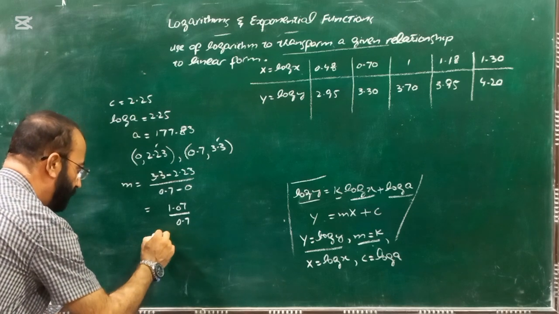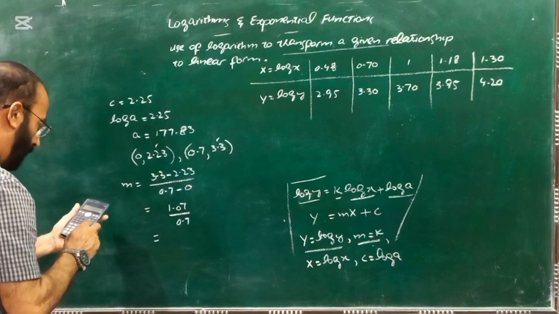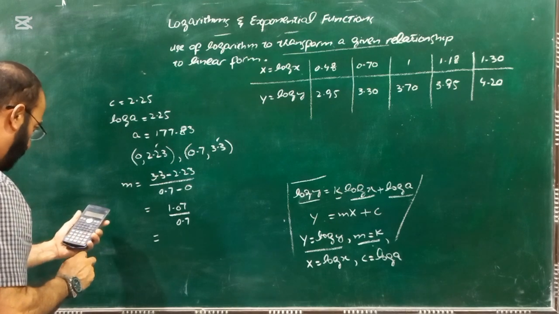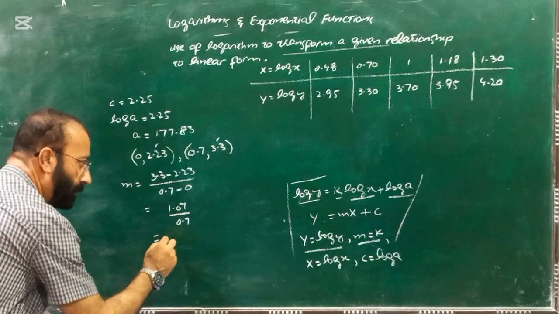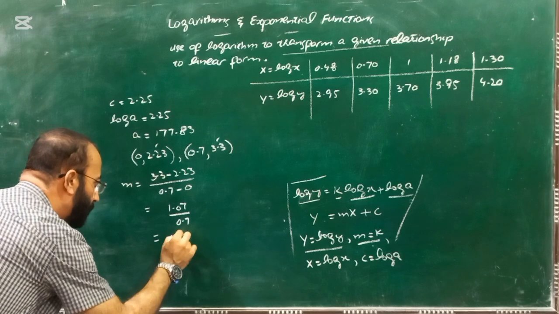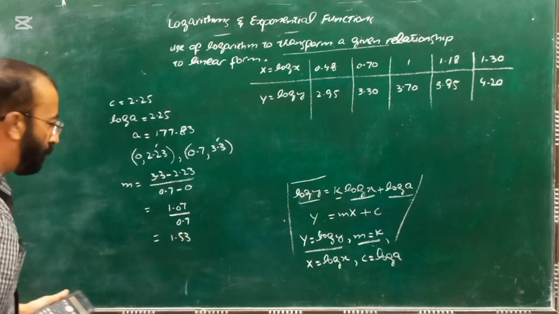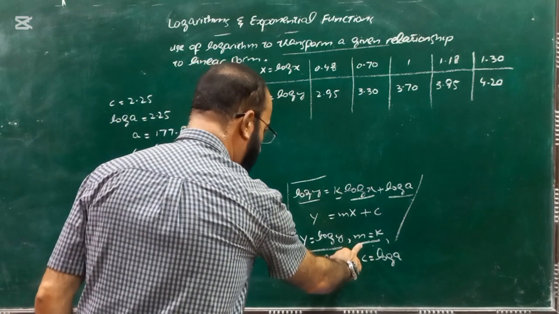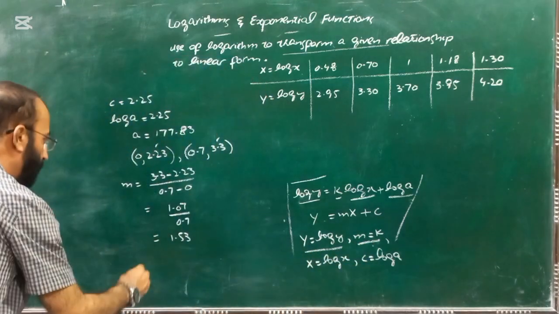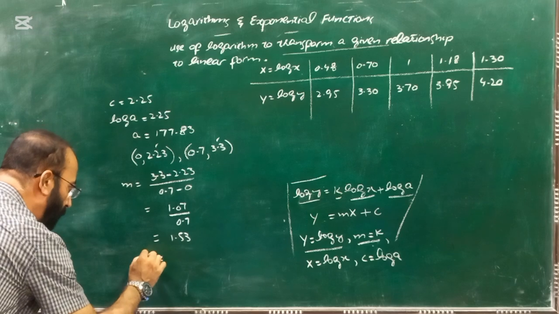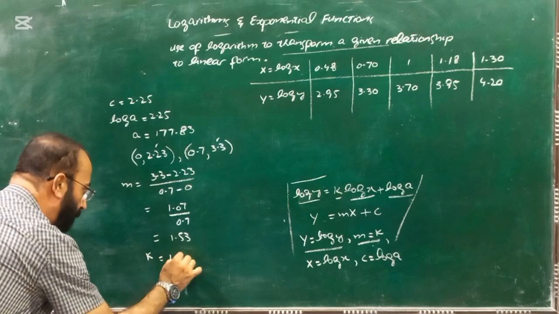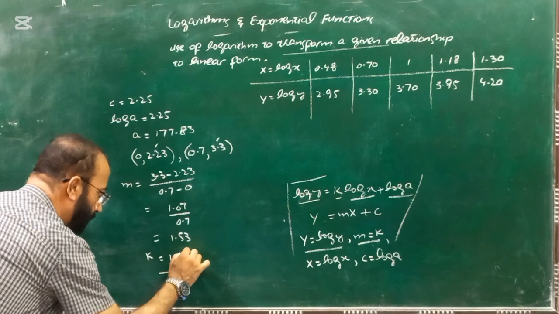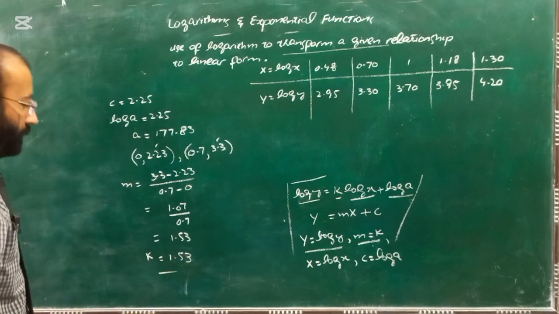So dividing these two values will give us the answer 1.53. So m is 1.53. And you can see from here m is equal to k. So it means the value of k is 1.53. So these are the answers of the question.